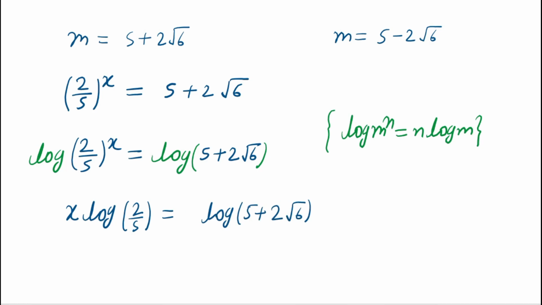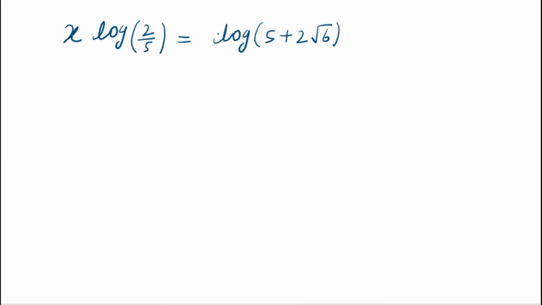Now x times log 2/5 is equal to, on the right-hand side, log of 5 plus 2 times square root of 6.